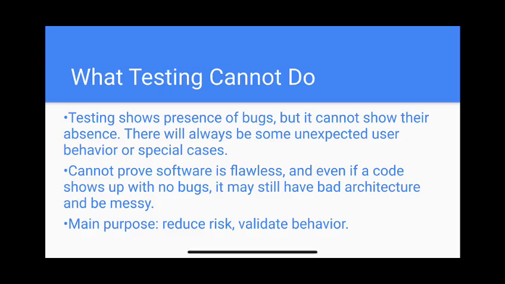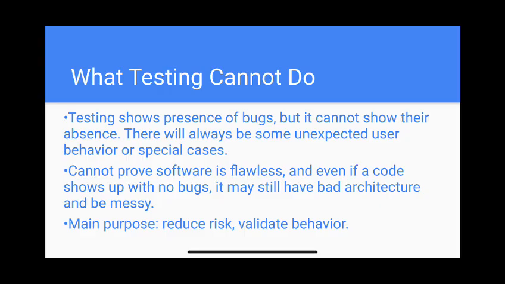What this means is, if you run the tests and they come back clean, it doesn't necessarily mean there are no bugs at all, because there will always be some unexpected user behavior and some special cases that are not run during the tests. So it can't prove that the software is completely flawless.